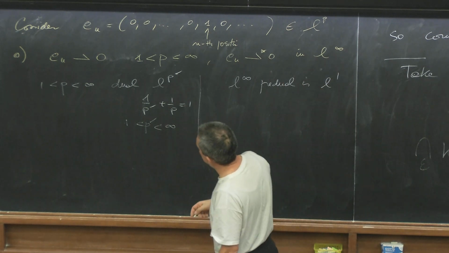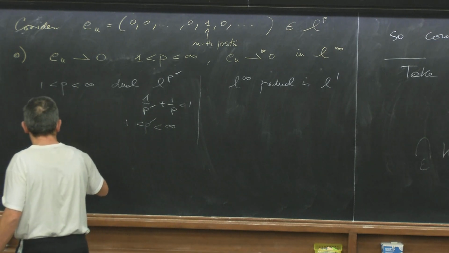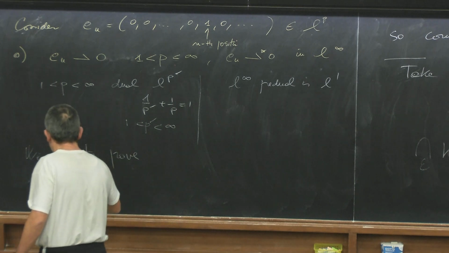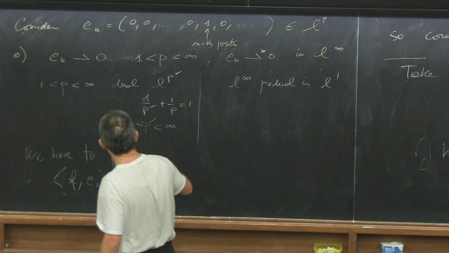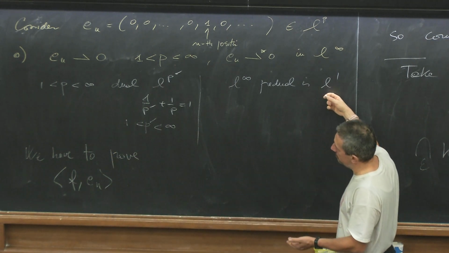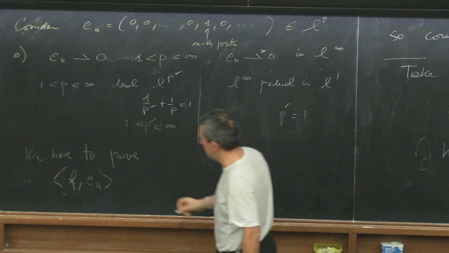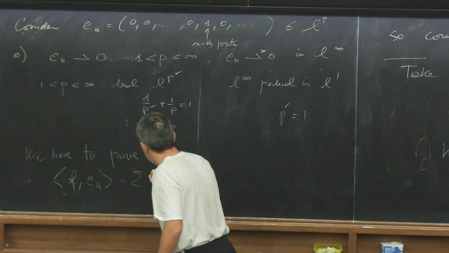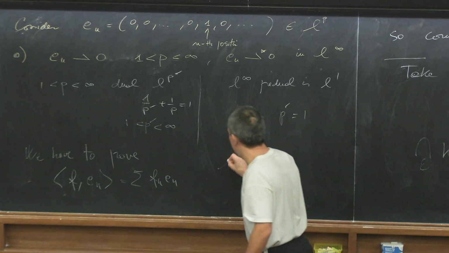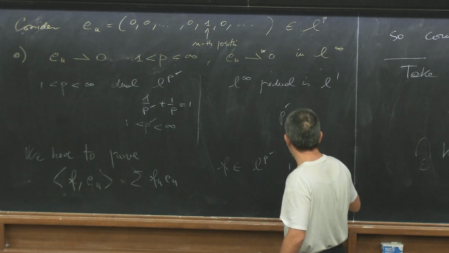So at the end, I have to prove that the sum of f_n e_n goes to 0, where f belongs to L^p prime and p prime is in [1, infinity).